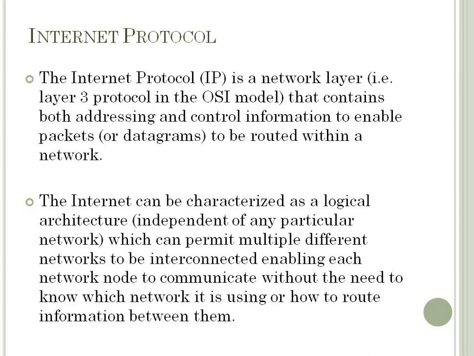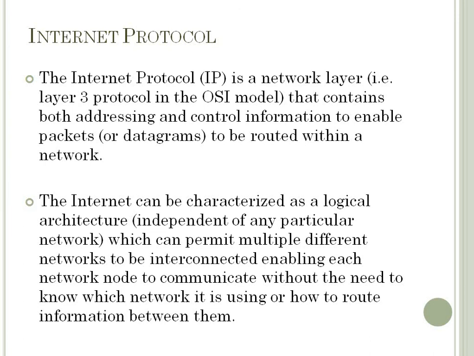The internet can be characterized as a logical architecture that is independent of any particular network, which can permit multiple different networks to be interconnected, enabling each network node to communicate without the need to know which network it is using or how to route information between them.